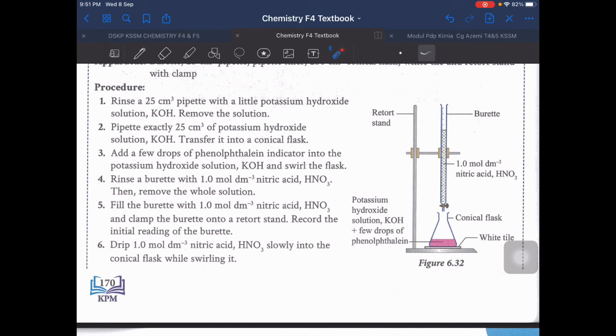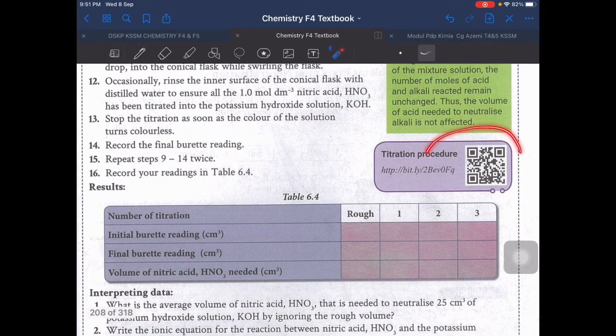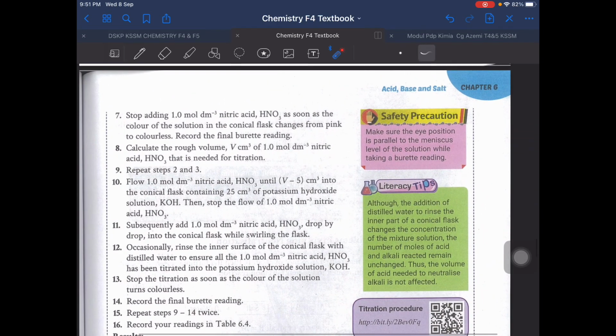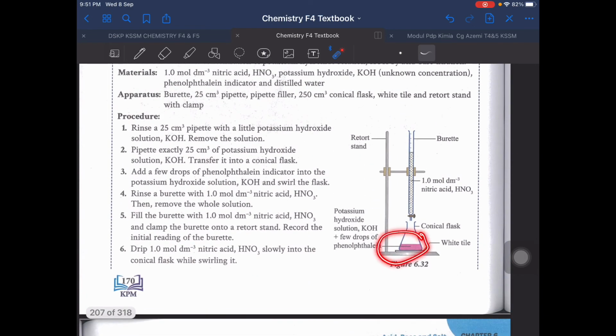Okay, you can see that in the titration procedure that I attach in Google Classroom. Okay, then you will understand better. And then you stop adding the acid as soon as the color of the solution changes from pink to colorless. As soon as the color berubah from pink to colorless, terus stop.